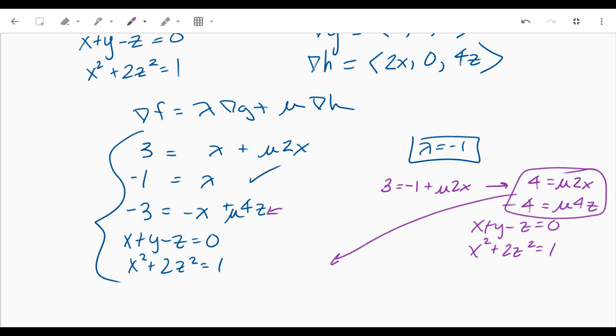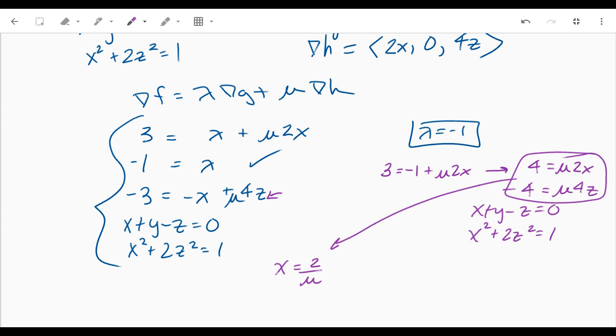We can get from this one that x would equal 2 over mu. I'm doing a little different than I did in my notes, I guess. Here, well, what do I want to do?